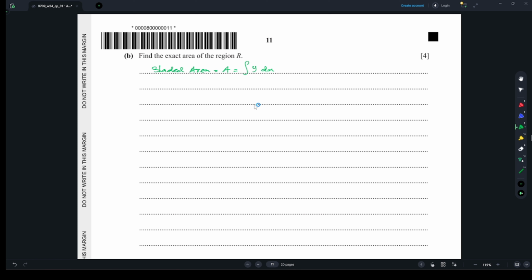Okay, and so I will start. Our equation was sine 2x times 1 plus sine 2x dx.